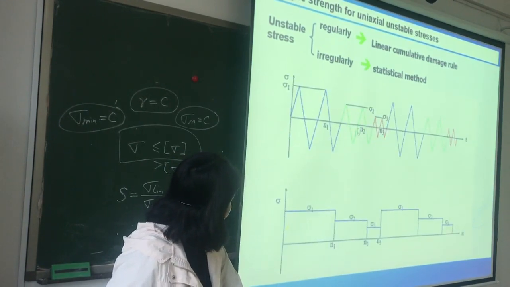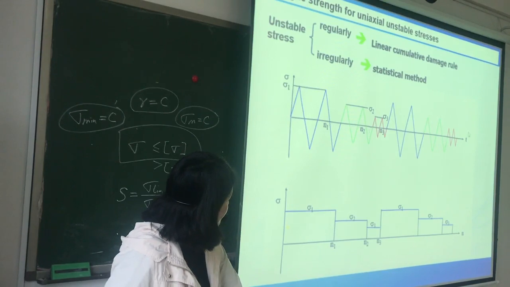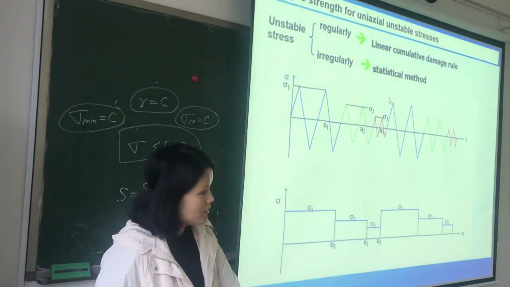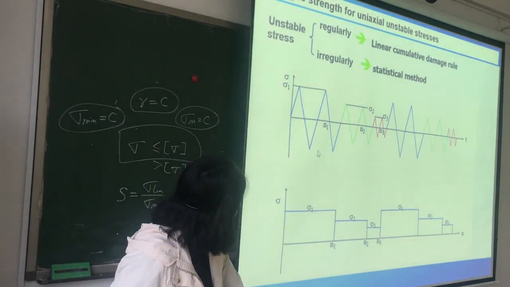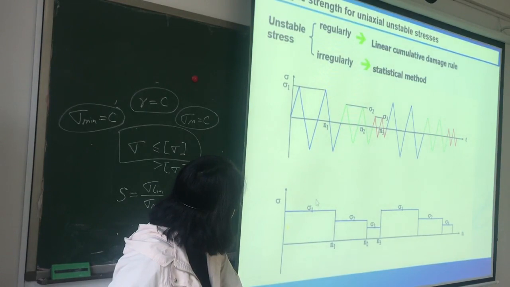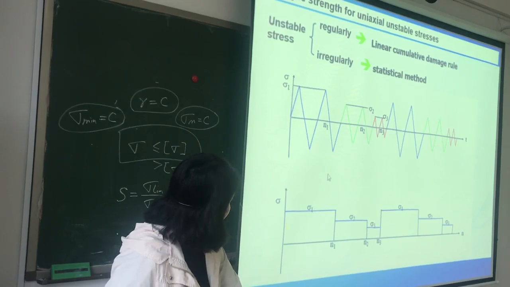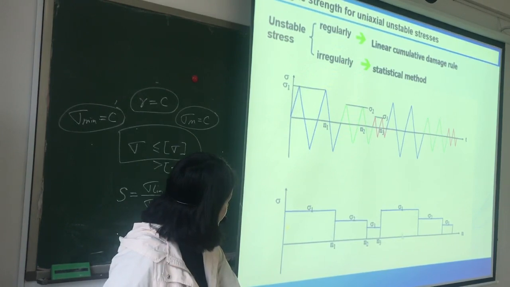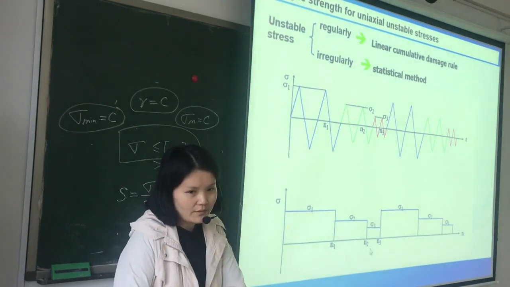Like this, the stress amplitude varies with time, and sigma 1 is the maximum stress of each stress level. So for this situation, we also can calculate the safety factor.